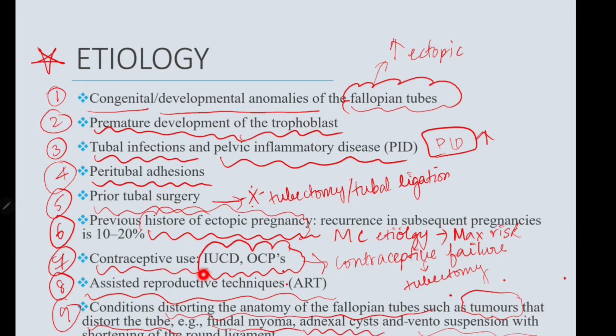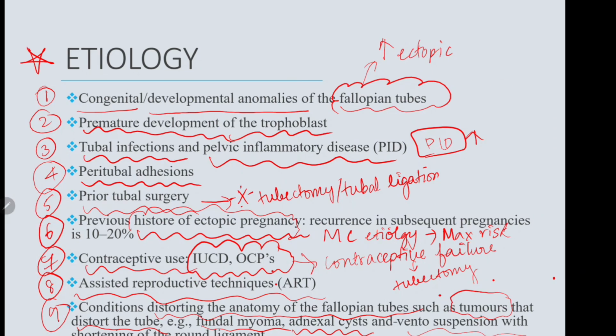Seventh, contraceptive failure, especially tubectomy. And eighth is assisted reproductive techniques. Ninth one is conditions that distort the anatomy of the fallopian tube, such as tumors in the tube, like fundal myoma or adnexal cysts, okay, or shortening of the round ligament. So these are all the various etiology.